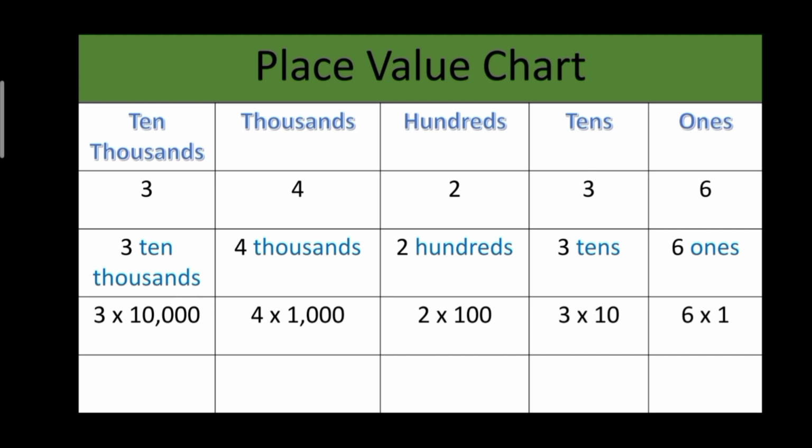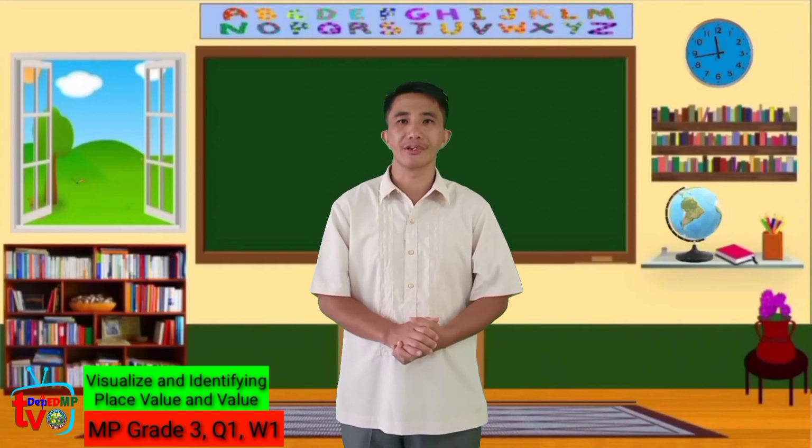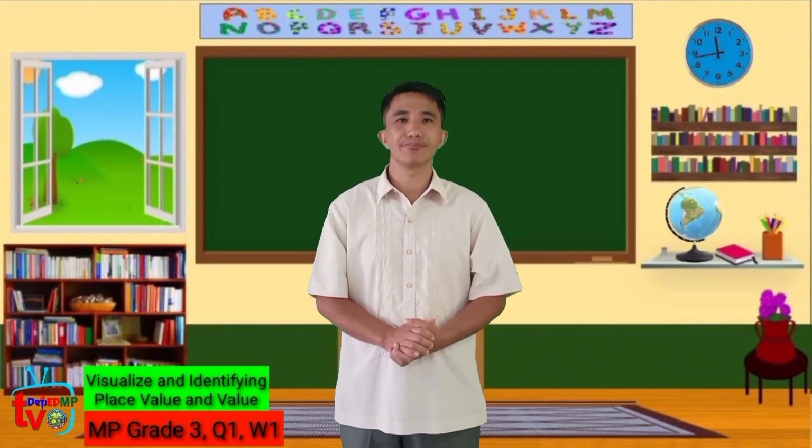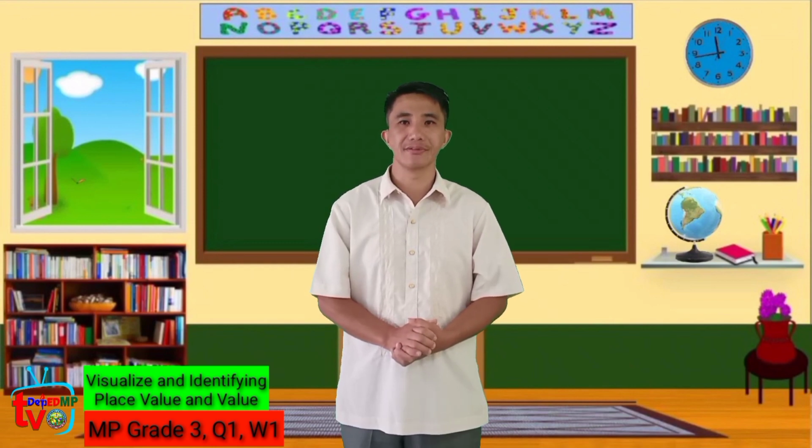Afterwards, we convert the place value into their figures. Then we multiply it to each digit. In the last row, it is where we can now find the value of each digit in a number. If you are hard up in identifying the place value and value of the digits, you can use the place value chart as your guide.